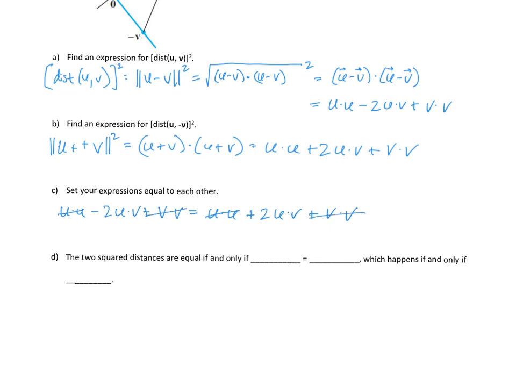And so it has to be that negative 2 u dot v equals positive 2 u dot v, which only happens if u dot v is 0. Which means u and v are orthogonal.